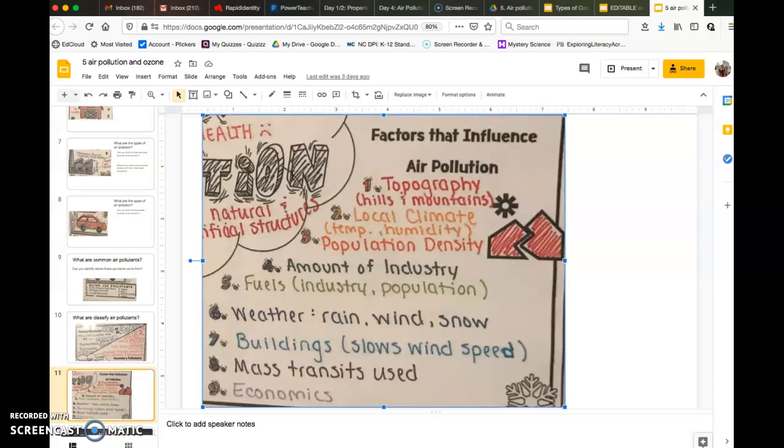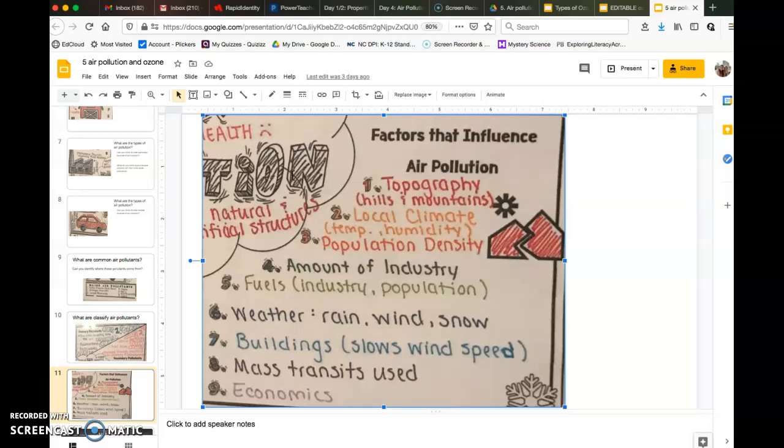How many mass transits are used can influence the air pollution. Now that can kind of be a good thing and a bad thing. When we talk about using trains and subways versus everybody having their own individual car, we can have a difference. So carpooling is good, and using mass transits as far as like buses and trains and subways are generally better for the environment, but only if those mass transits were built with the environment in mind.